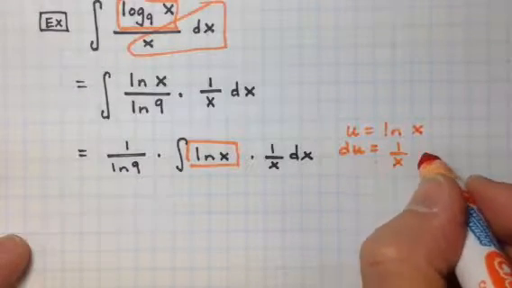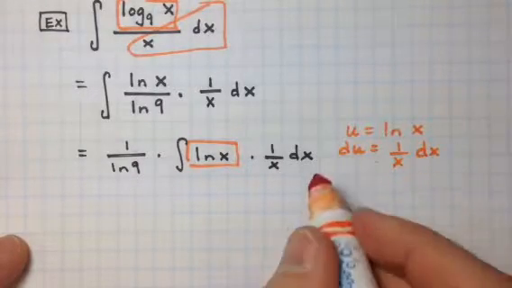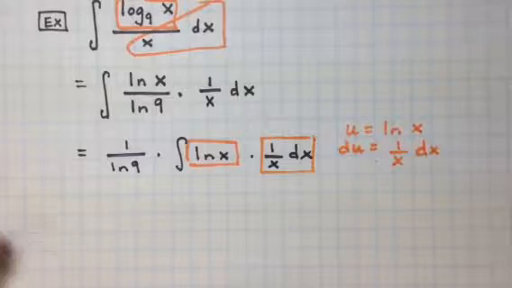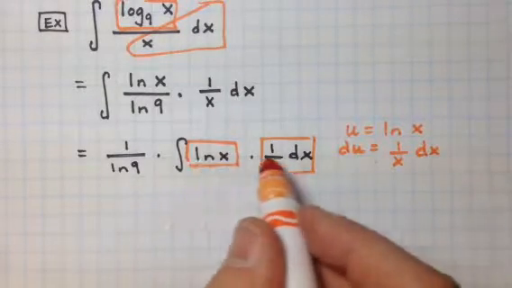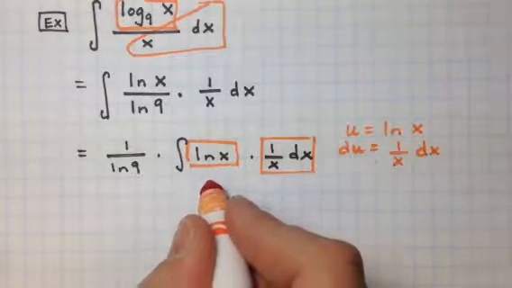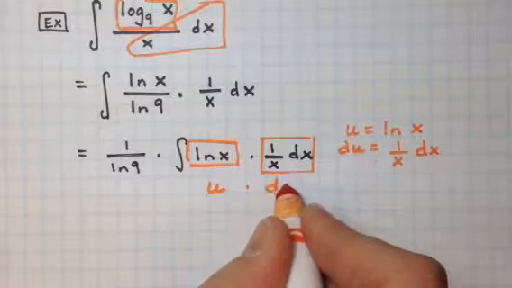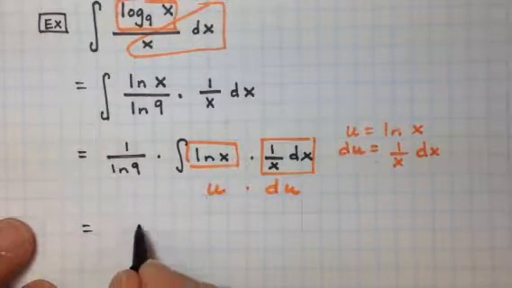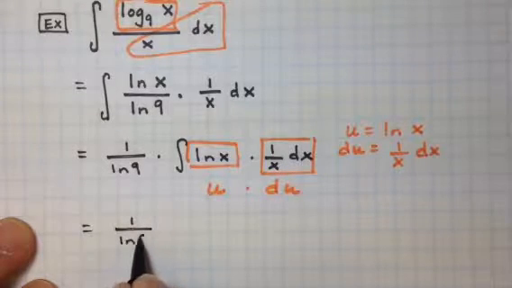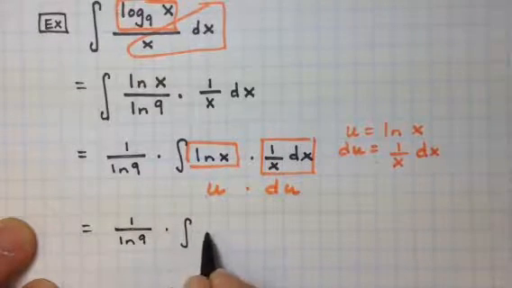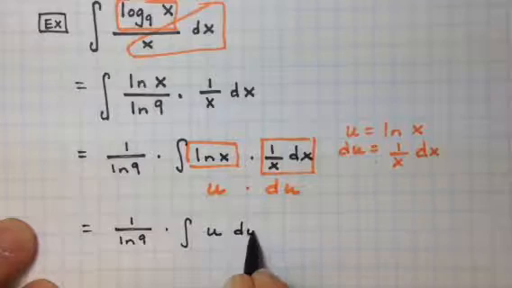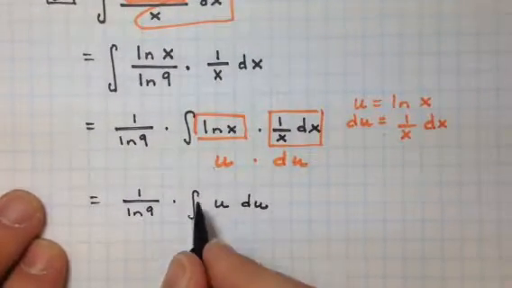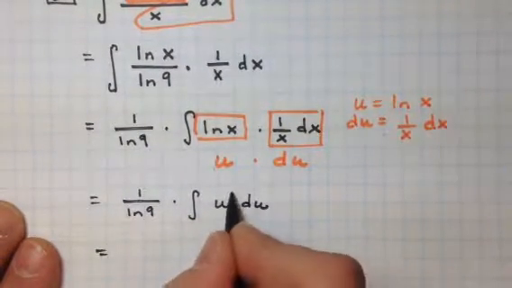Look at what du would be in this case. 1 over x multiplied by dx, or in other words, this. So what we're really looking at here is u times du. In fact, I'm going to go ahead and rewrite it that way. So u is a linear function. Its degree is 1.